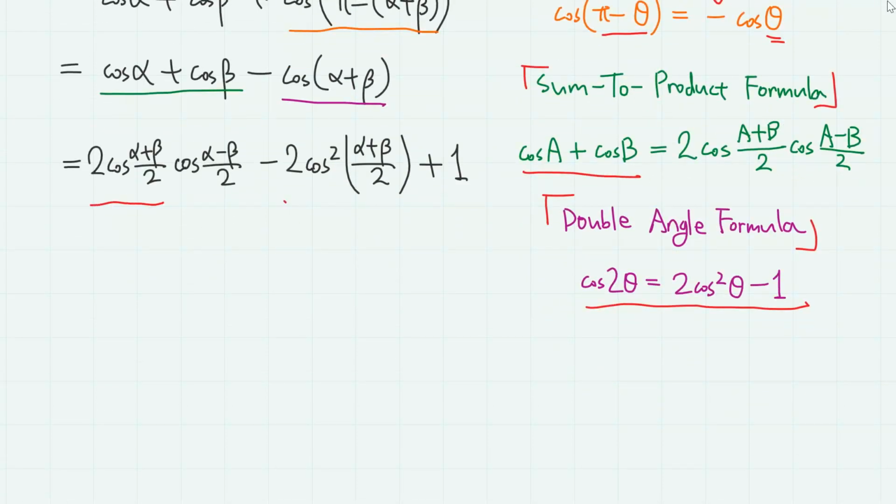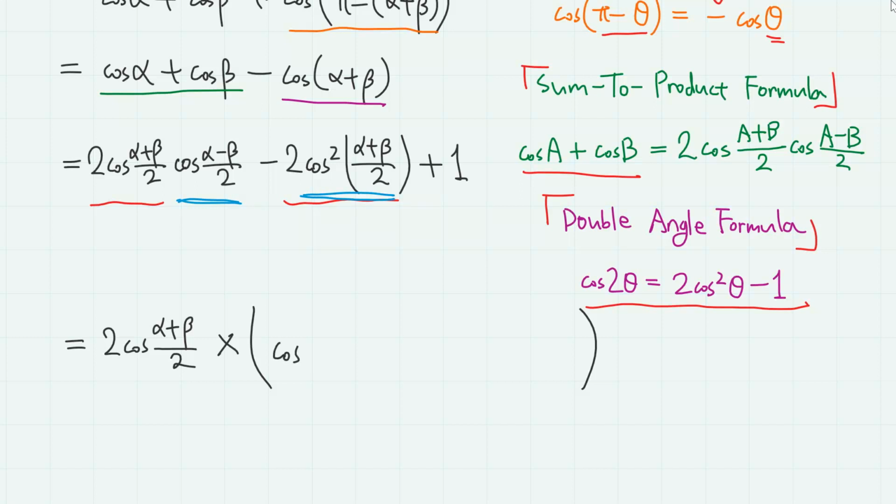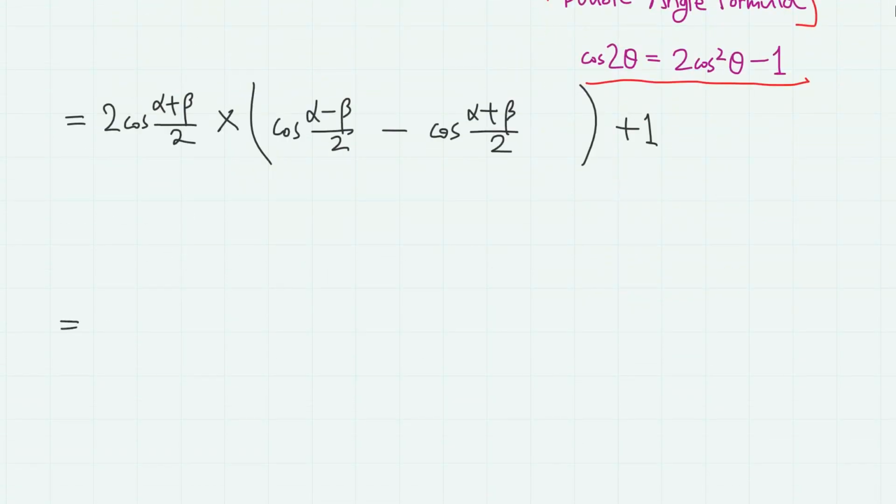Next, we write the common factor 2 cosine (alpha plus beta) over 2 at the front, times, now this minus one more cosine (alpha plus beta) over 2, so cosine (alpha minus beta) over 2 minus cosine (alpha plus beta) over 2, then plus 1. Here, let's change this alpha plus beta into pi minus gamma.